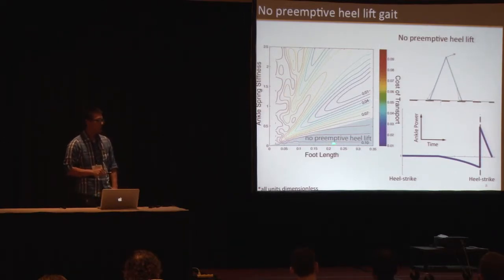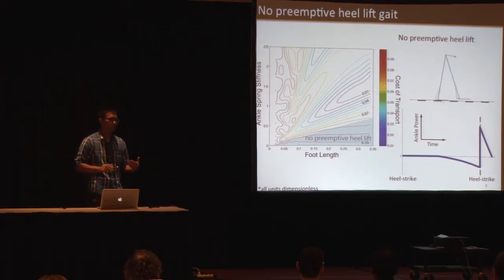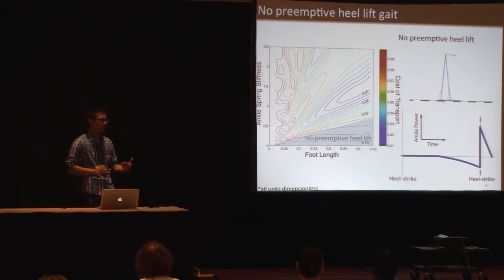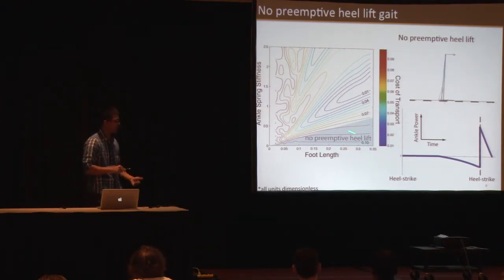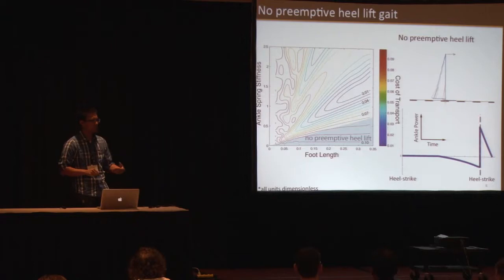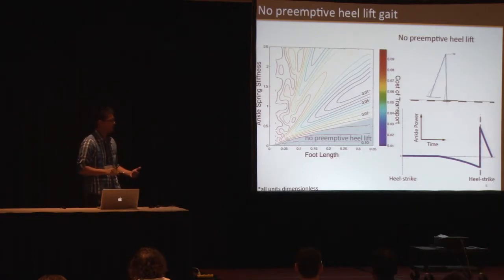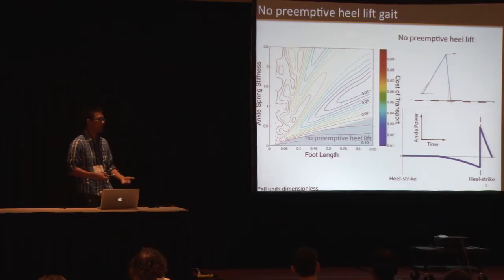For a given foot length, if your spring is not stiff enough, then your ankle torque is not large enough to lift your heel before the heel strike. So the energy returned after the heel strike cannot help us to redirect the center of mass because the collision has already happened. So the cost becomes pretty high.